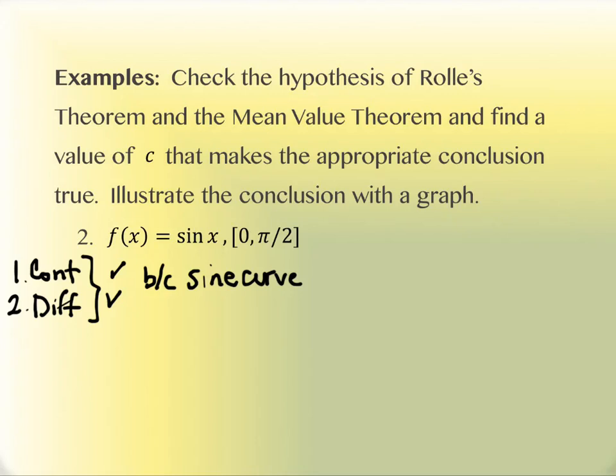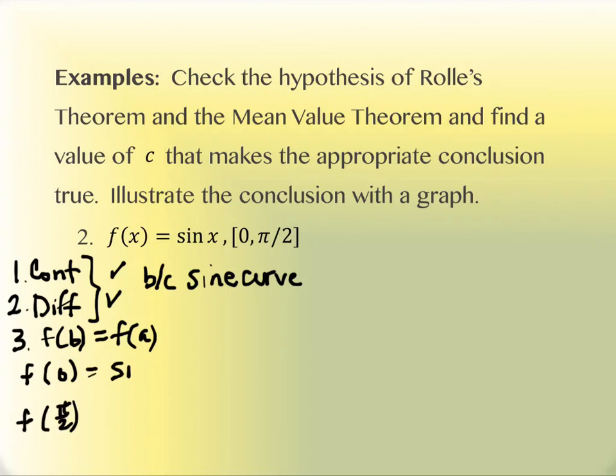Now the third thing we're supposed to do is to test the endpoints, right? F of B equal to F of A, or vice versa. So we need to find out what is F of 0 and what is F of pi halves. So this would be sine of 0 and sine of pi halves. So what is the sine of 0?